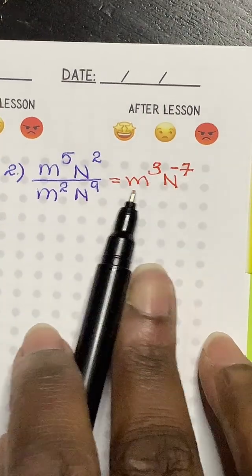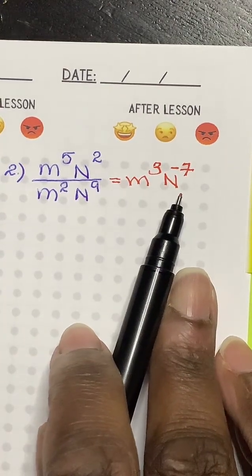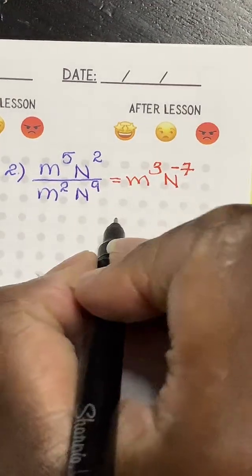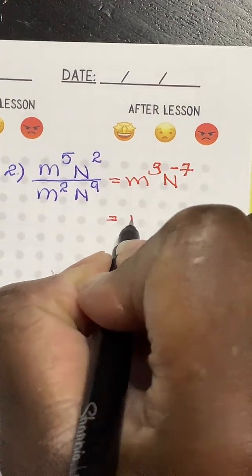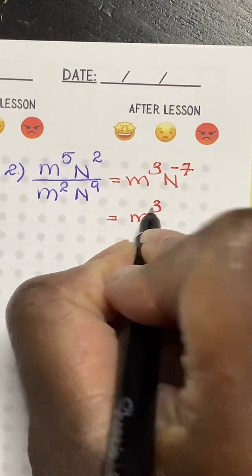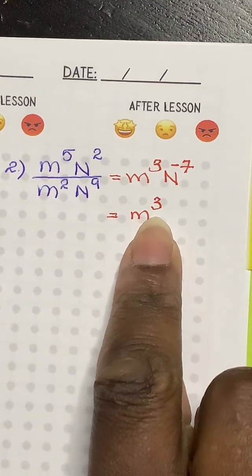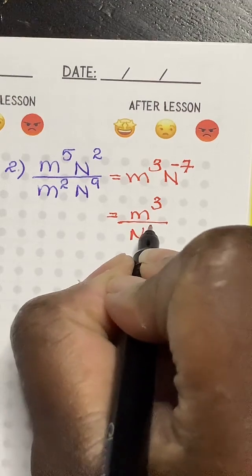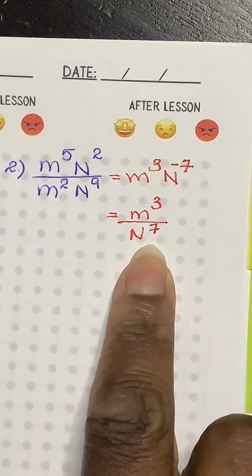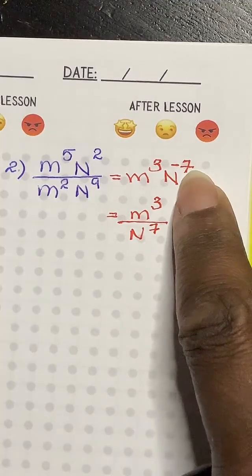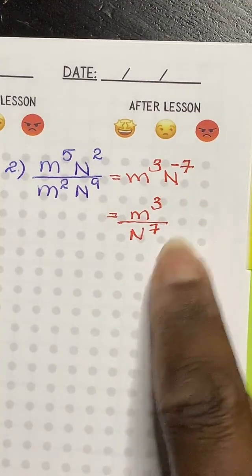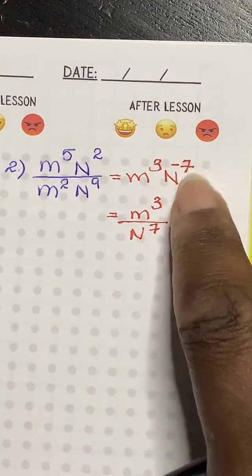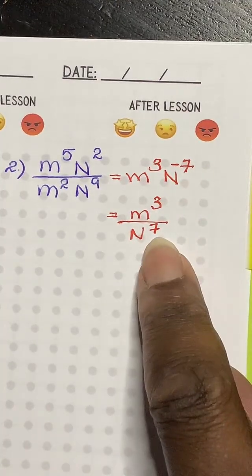Right now, everything is basically in the numerator, because I can really say it's over 1. So this is what's going to happen. Your m cubed is going to stay in the numerator because it has a positive exponent, but your denominator is now going to change to a positive 7. By dropping it down into the denominator, you're changing that negative exponent to a positive exponent.